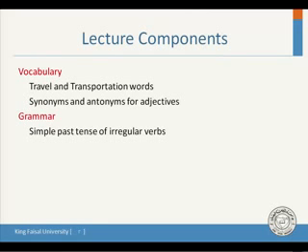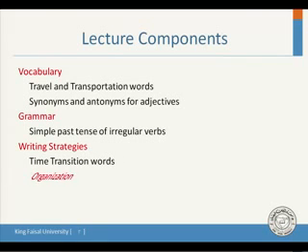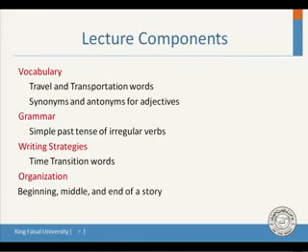You remember we studied the simple past tense of regular verbs in lecture 6. Under the writing strategies component, we have the time transition words. And the last component is organization, the beginning, middle, and end of a story. We will discuss all of these in detail today.